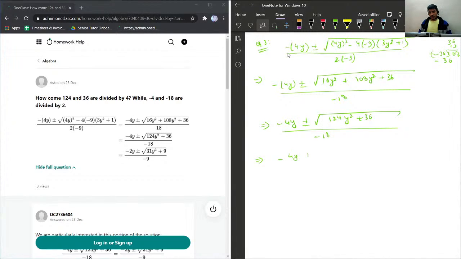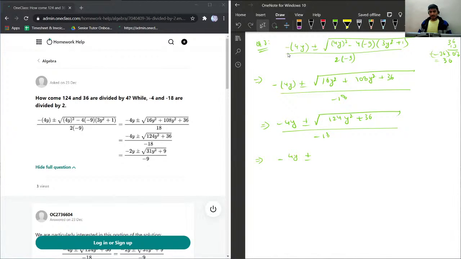Minus 4y plus minus. Now here I'm going to tell you the answer, why we are dividing this 124 and 36 with 4, and minus 4 and minus 18 with 2.